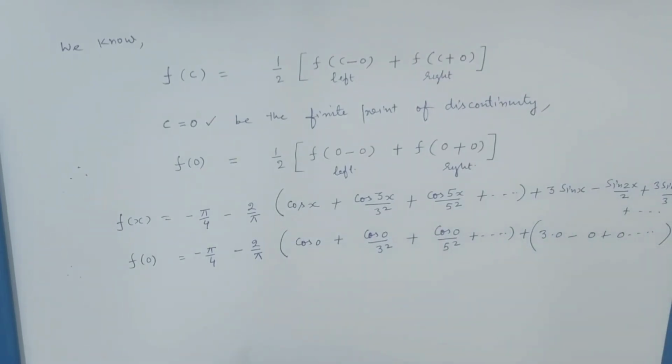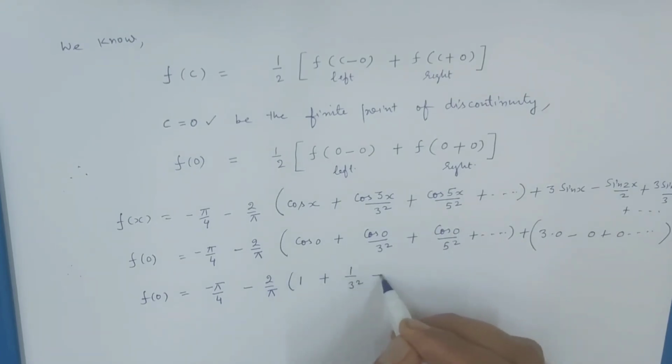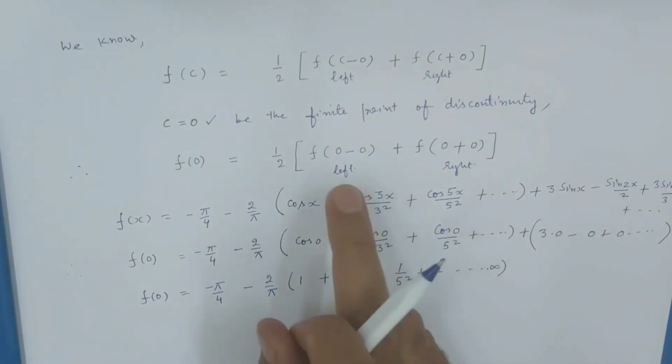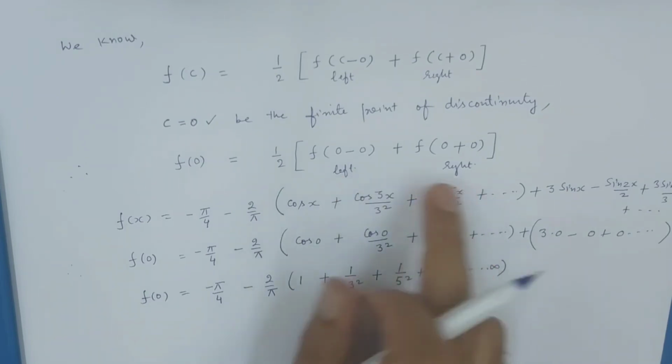We can write in this way. So therefore f of 0 equal to minus pi by 4 minus 2 by pi cos 0 is 1 plus 1 upon 3 square plus 1 upon 5 square plus up to infinity. ये सारा 0 हो जाएगा, इसको लेने की ज़रूरत नहीं है. f0 हमें मिला ये. अब लेफ्ट हैंडेड f0 क्या मिलेगा और राइट क्या मिलेगा, ये भी देखने वाली बात है.